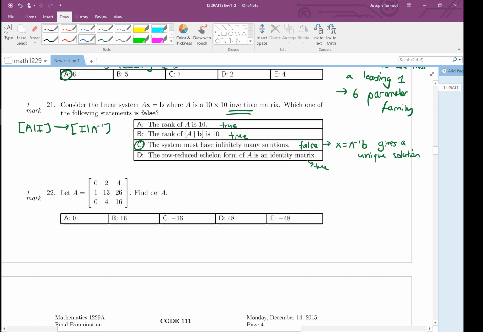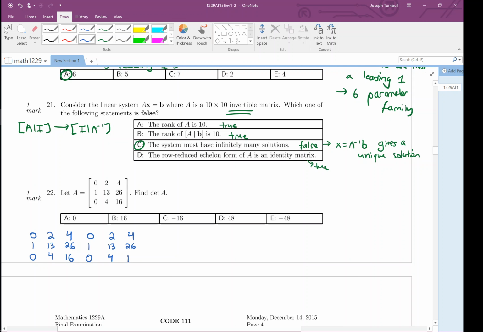I can make 2 copies of the matrix side by side. So 0, 2, 4, 1, 13, 26, 0, 4, 16. That's copy 1, and then directly beside it, 0, 2, 4. When you do this, it is helpful to make them equidistant. Make the space between the entries approximately the same.